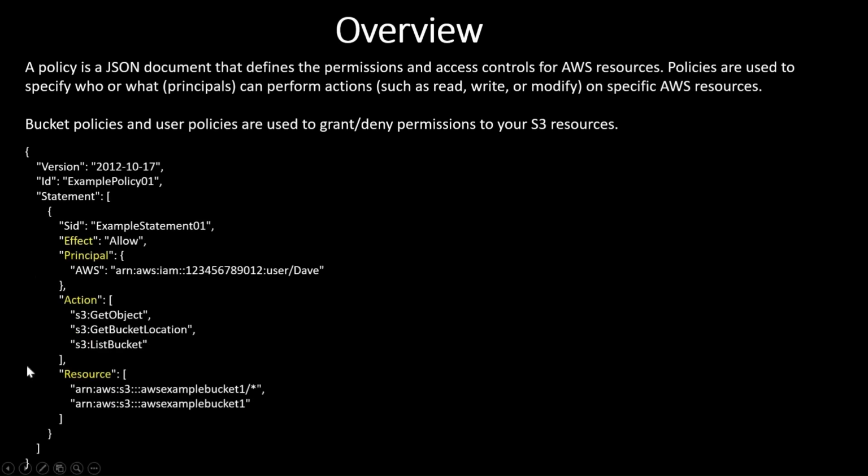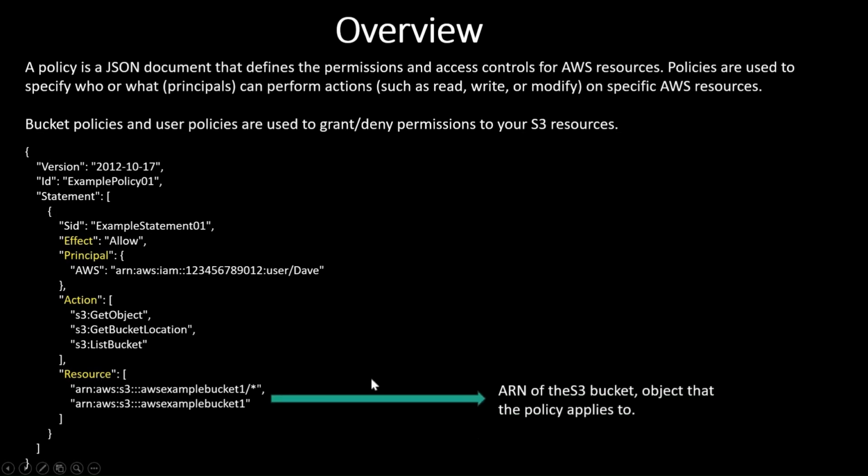So a policy looks like this, where we have some important components like effect, principal, action, and resource. In the resource we provide the ARN of the resource. In case of S3, here we will provide the ARN of the S3 bucket or objects that the policy applies to.